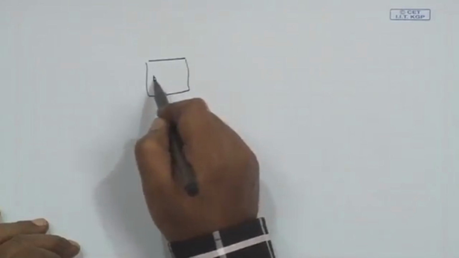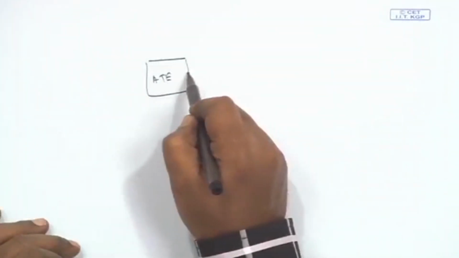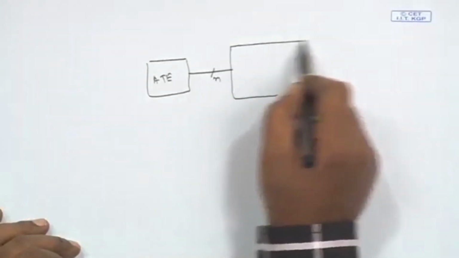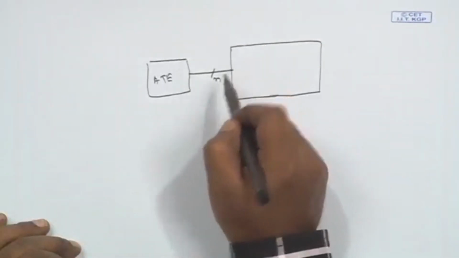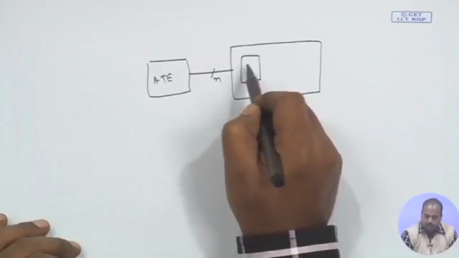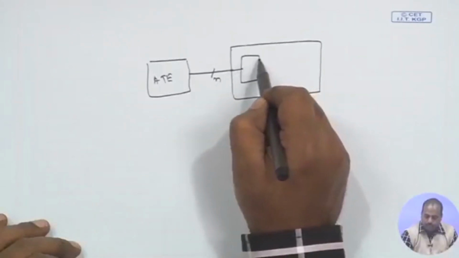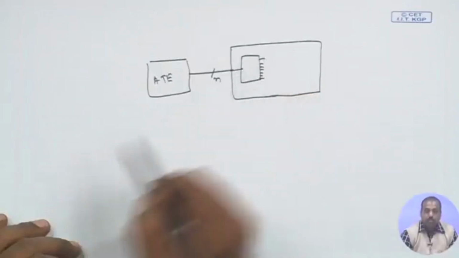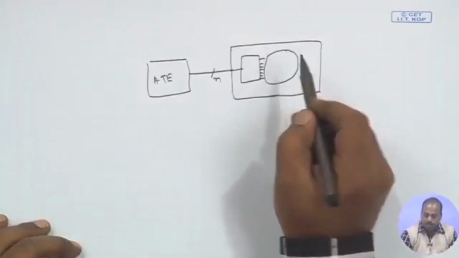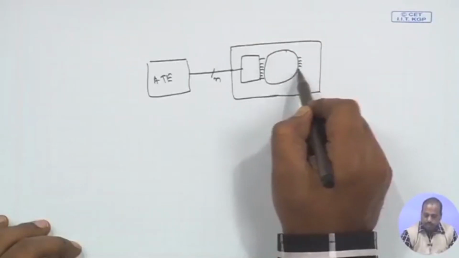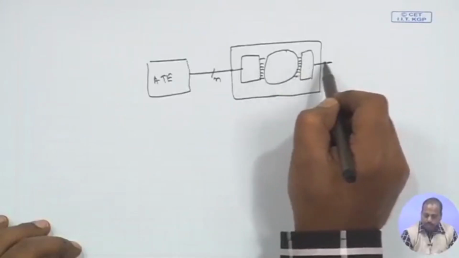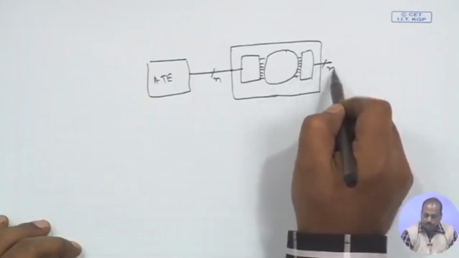If this is the ATE, from this ATE say n number of lines are coming, then when it is reaching the SOC, the SOC has got n number of pins here, but here I have got that expander, that serial to parallel converter. So, the n lines coming here are expanded into a number of lines here. That is actually used for testing the cores that are there in the system, and then all of them are again combined into n.